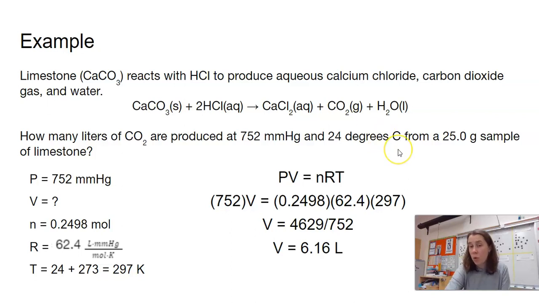Okay, or we could also do a percent yield kind of calculation with this. So all of the things we did with stoichiometry before, we can do now using the ideal gas law to bring gases in as well, right? The main thing is that you need to still use the mole-mole ratios from your balanced equation to get from one thing to another.